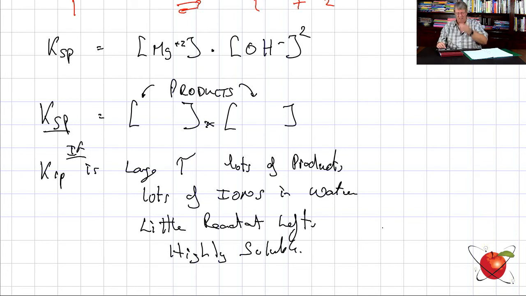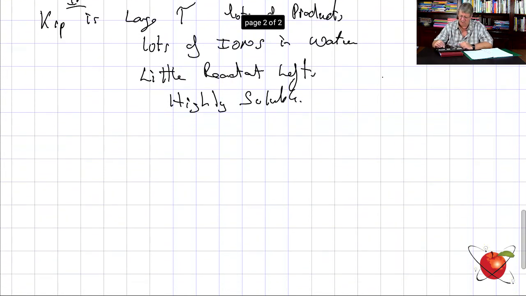Because it's used up as many as possible of it. It's highly soluble.